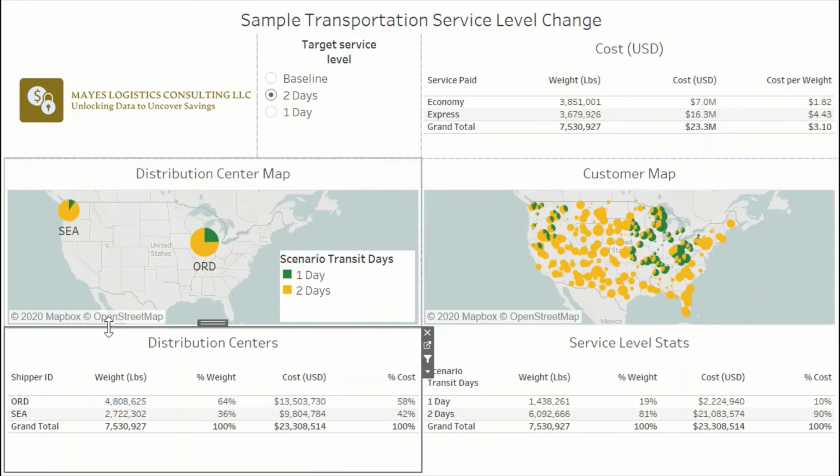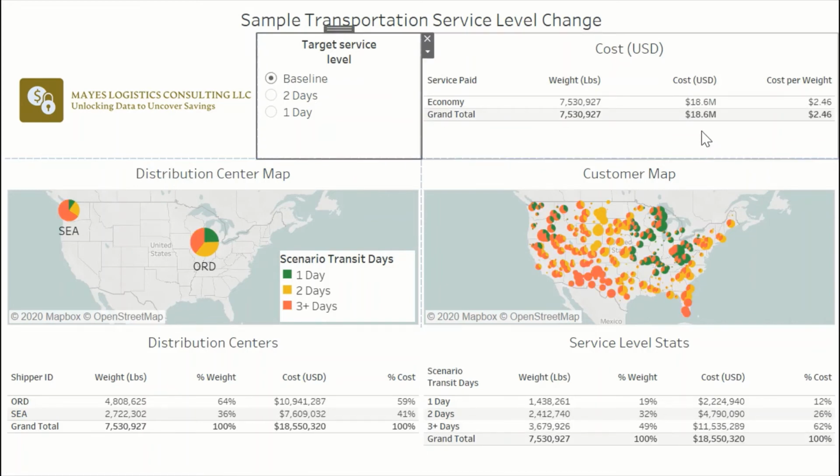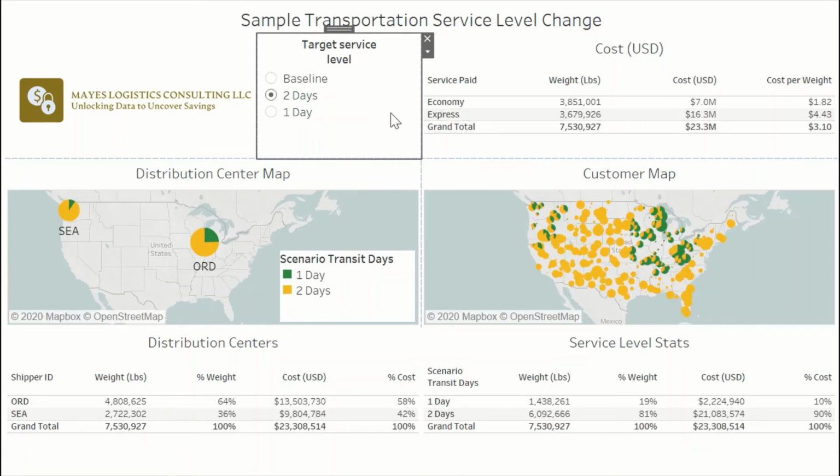Let's look at the network as a whole. So both facilities together, the total outbound transportation cost is 23.3 million. These are using FedEx rates, by the way. But in the baseline scenario, they were 18.6 million. So if you want to increase delivery service to reach all customers within 2 days using the current network design, you're going to have to pay 23.3 million.